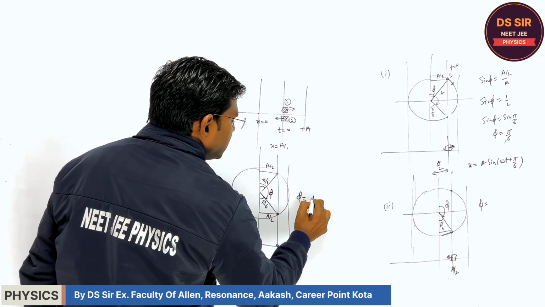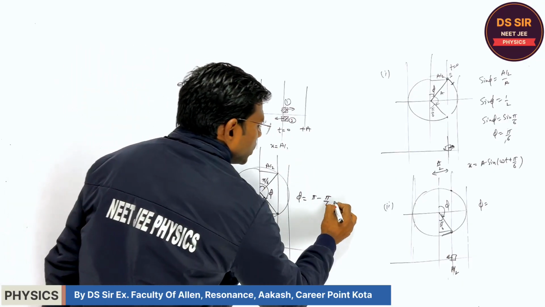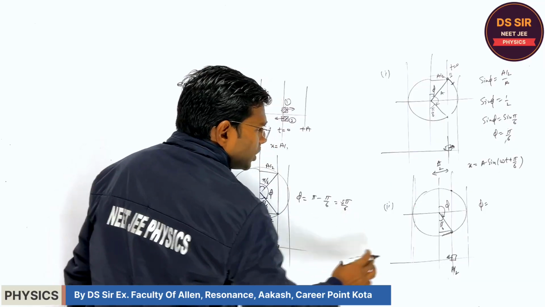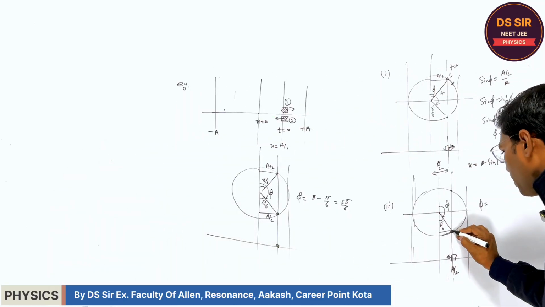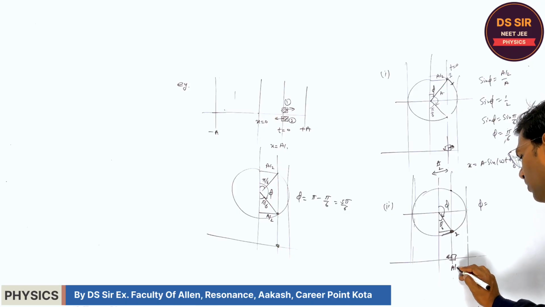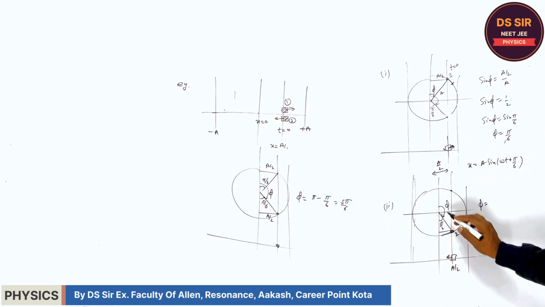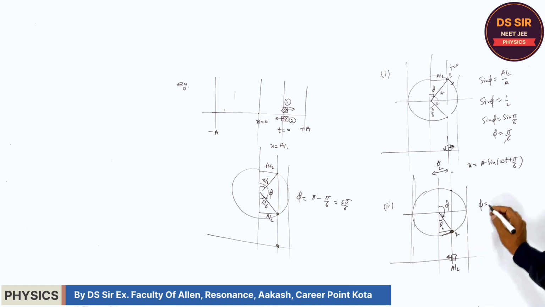So the phase is pi minus pi by 6, so it is 5 pi by 6. So the initial phase for this particle number 2, when it starts its motion from A by 2 and goes towards negative x direction, is pi minus pi by 6, 5 pi by 6. Fine.